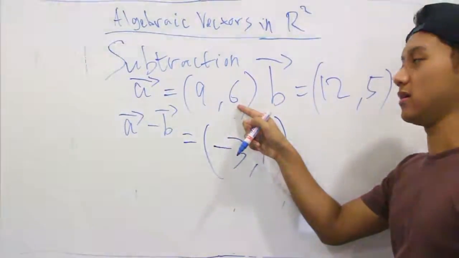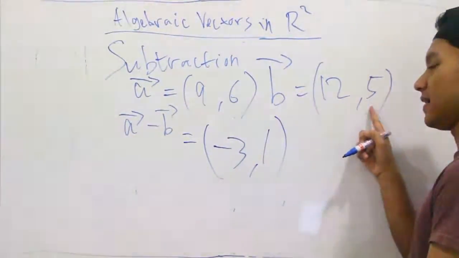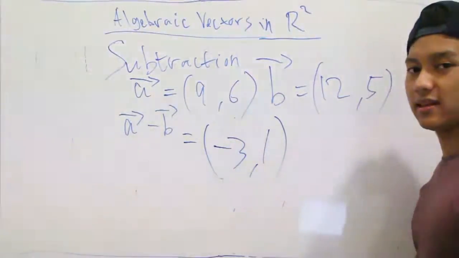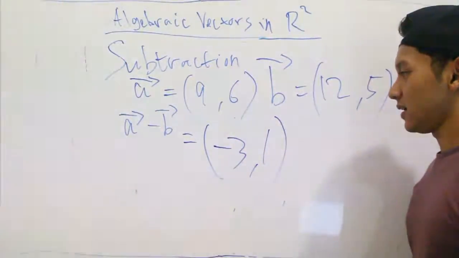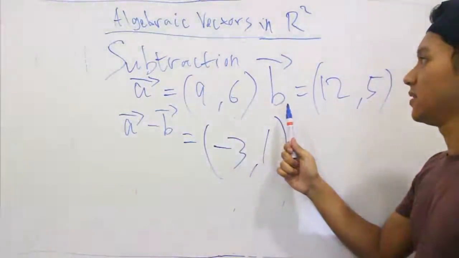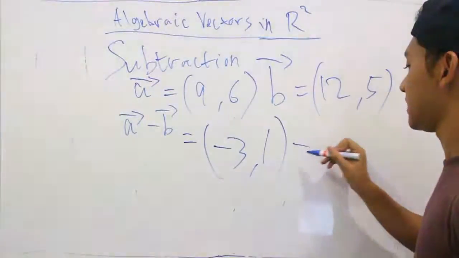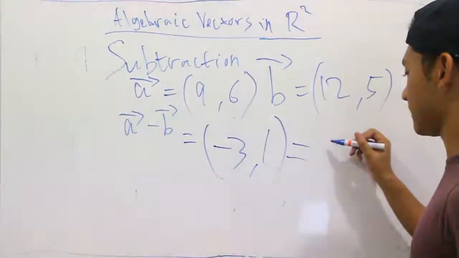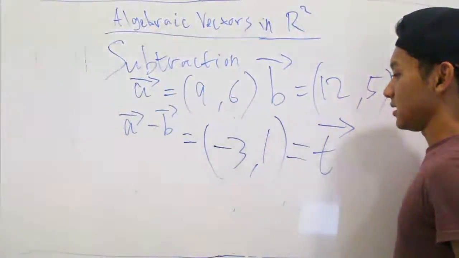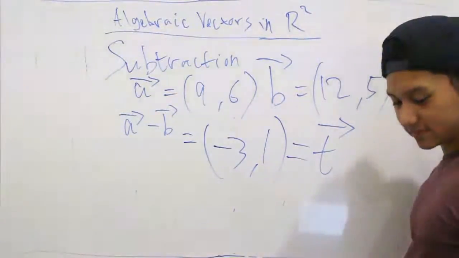The y coordinate of A minus the y coordinate of B is 1, and this is the new vector, the new coordinate for vector A minus vector B. We can name this vector any letter. We can name the vector T to make it look more neat.